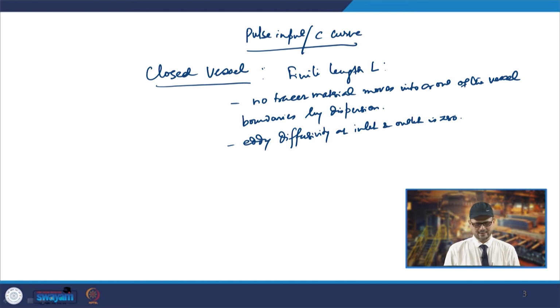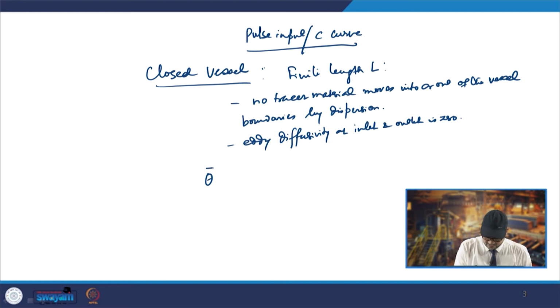So, you solve that concentration equation with the boundary conditions in the closed vessel, and you get the mean as well as the variance of the curve. What you see is a family of curves.